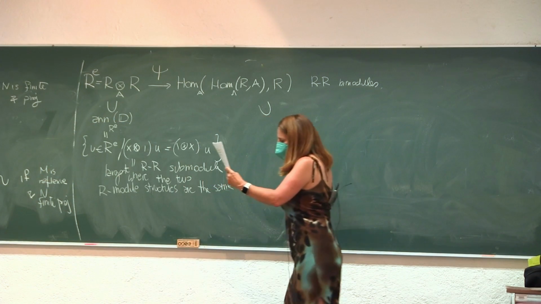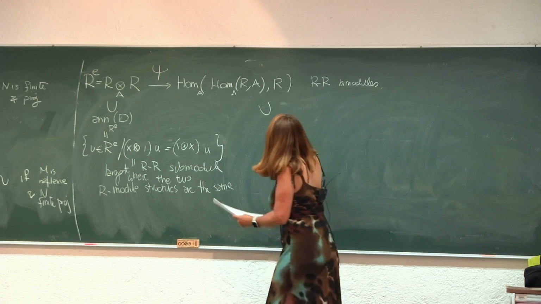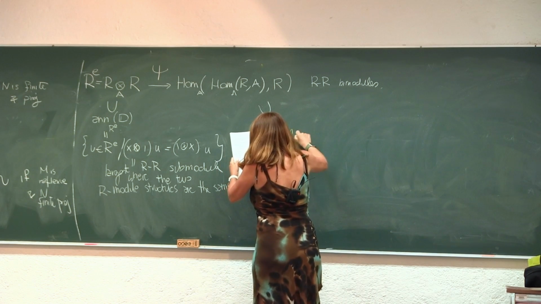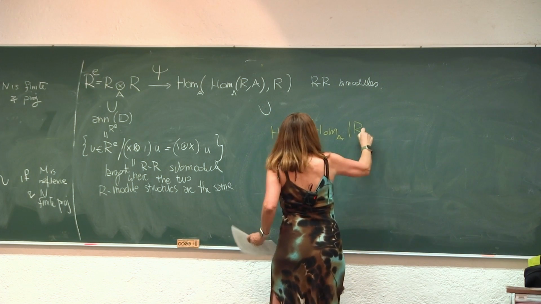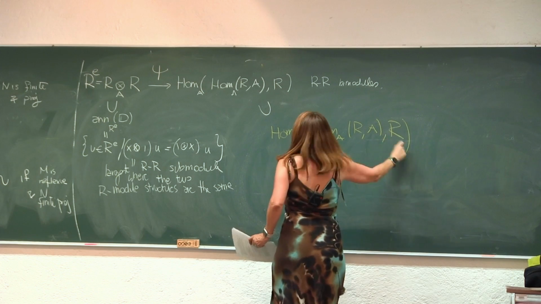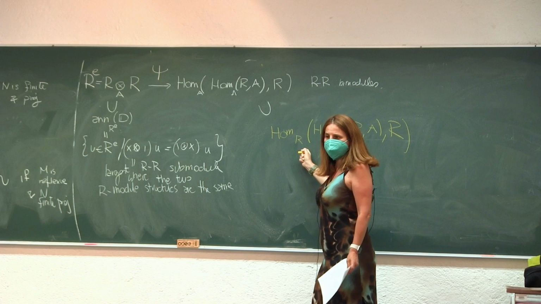We talked a lot about these two R module structures before, and this is exactly the largest submodule where these are the same. Now, you can look inside here. I should have used the color already. I didn't, but I start now. And you can look at somebody else where the same thing is true for this guy.